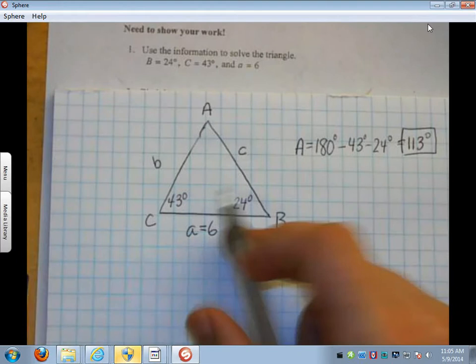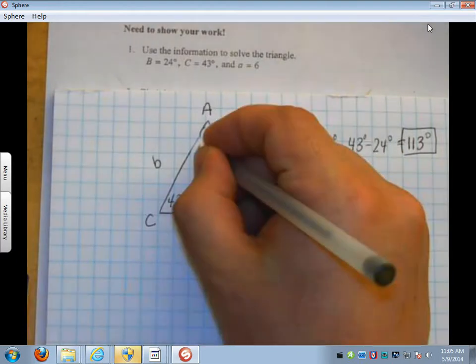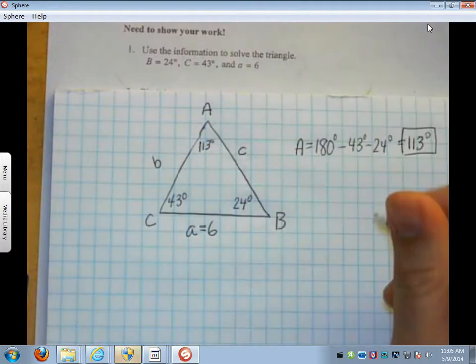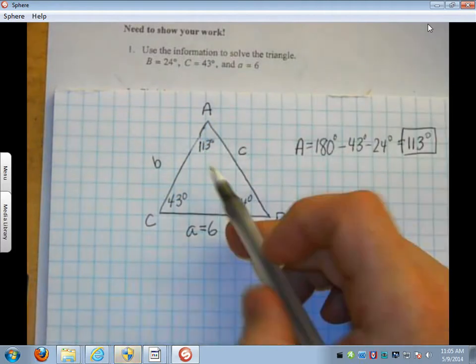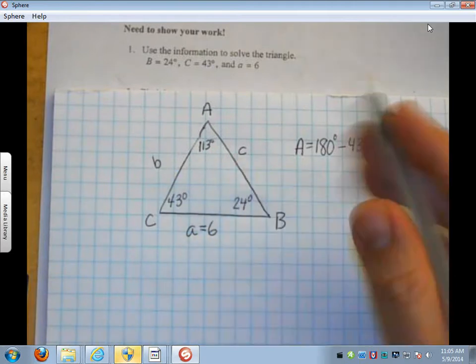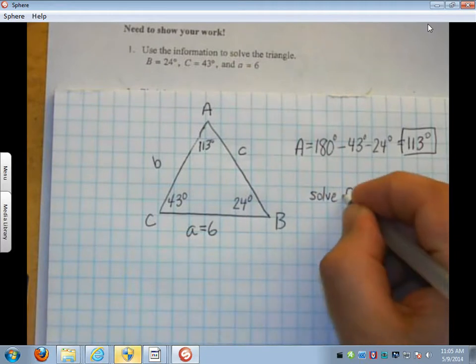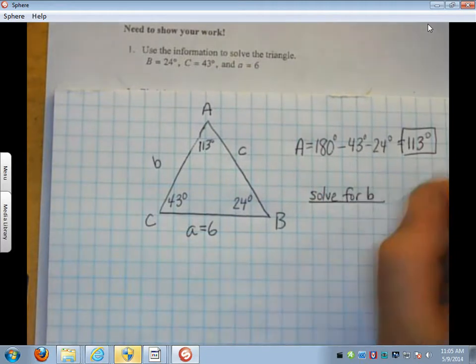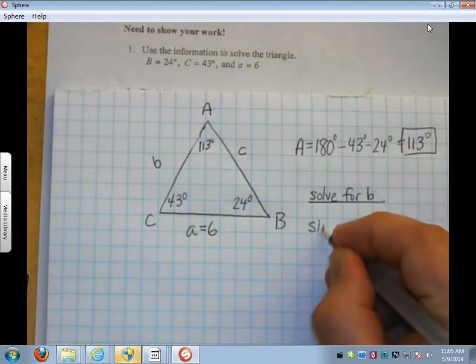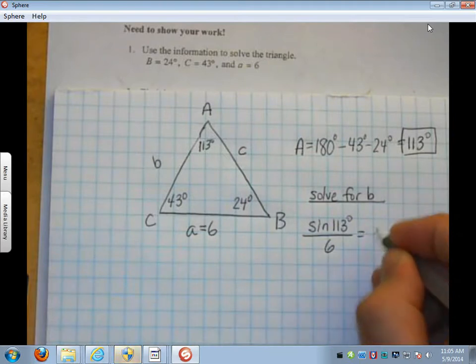Now to find B and C, since we have a side-angle pair, we know that A is now 113 degrees. We can go ahead and use the law of sines. Because this is obtuse, I know that B and C have to be acute. So I'm going to start with solving for B. The sine of 113 degrees over 6 equals the sine of 24 degrees over the length b.